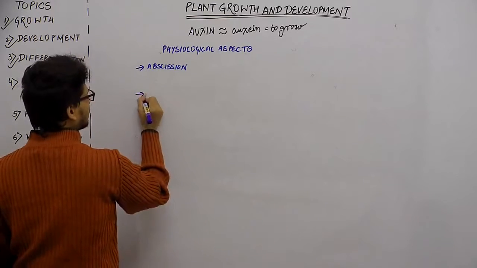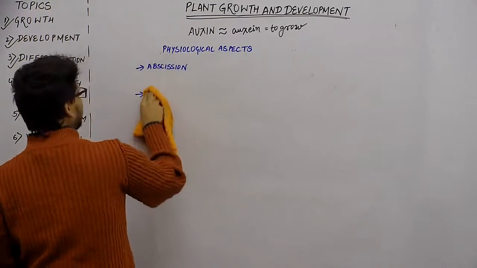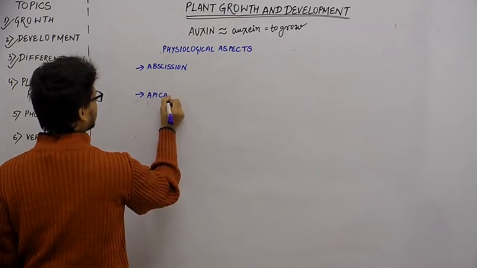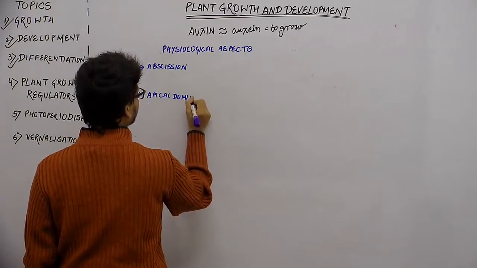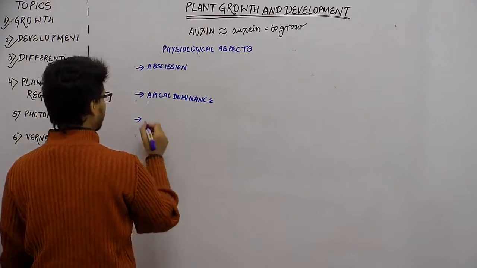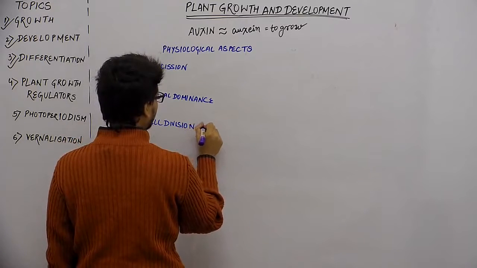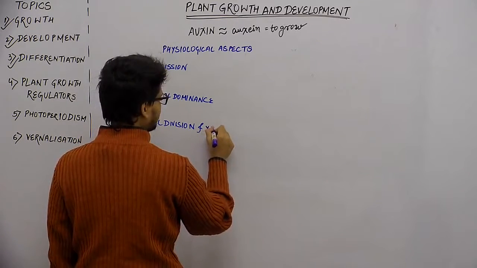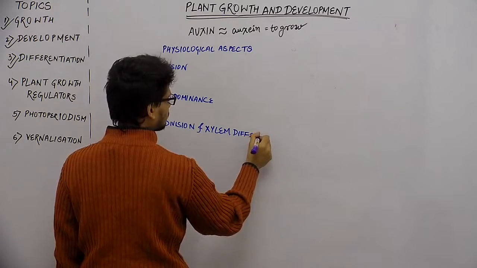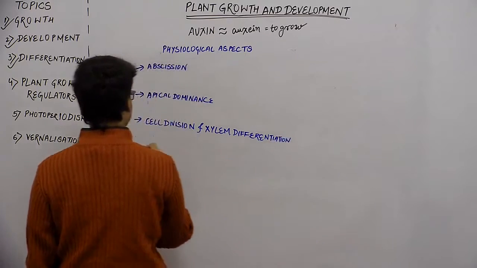The second one is apical dominance. The third one is cell division and, let's say, xylem differentiation.